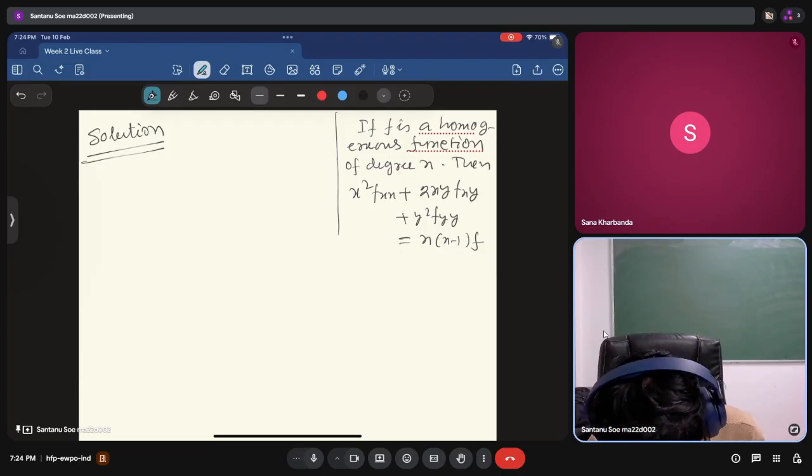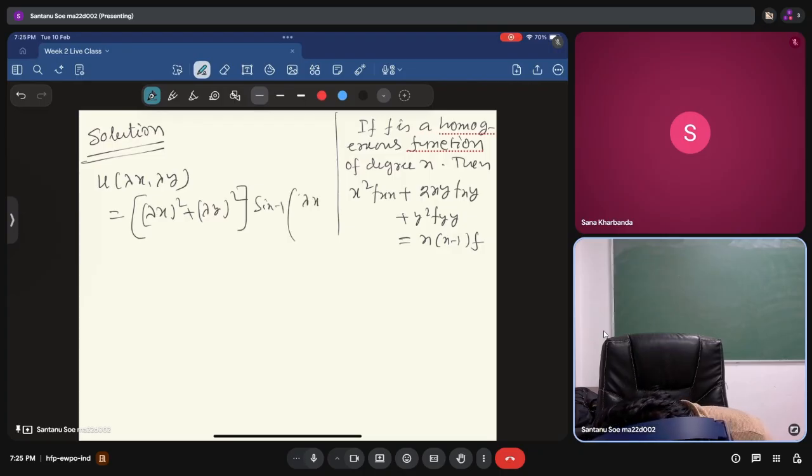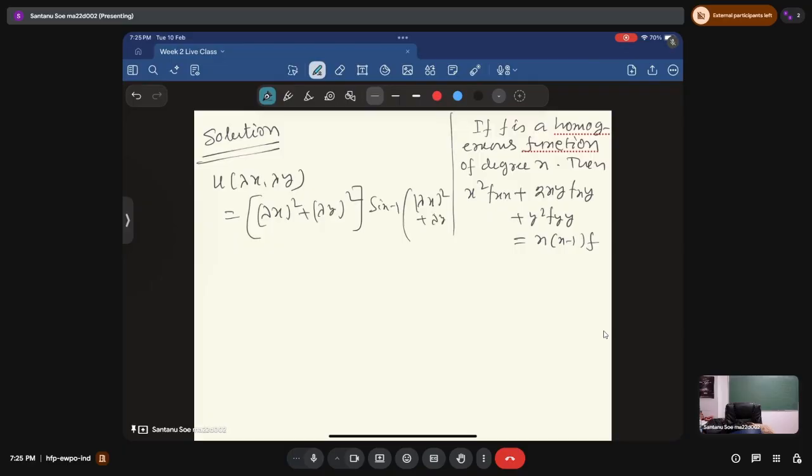So basically, we have to find out the degree of this homogeneous function. To check that, we have to find u of lambda x comma lambda y. So this will be lambda x square plus lambda square multiplied by sine inverse of lambda x square plus lambda y square divided by 2 lambda square xy.